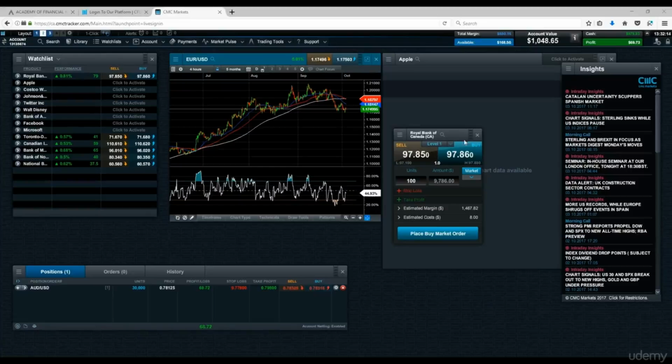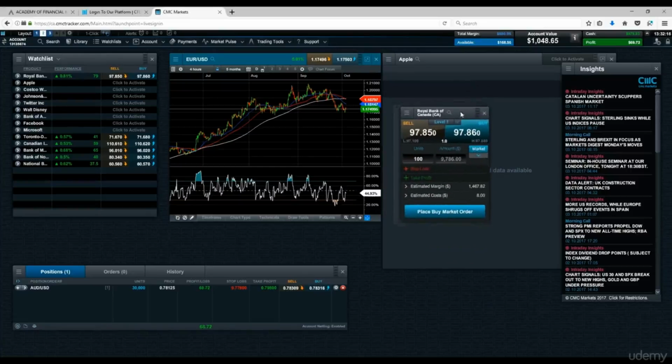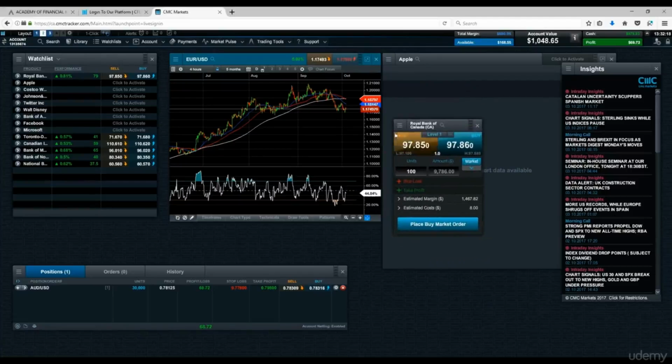So as you guys can see here, this is a Royal Bank of Canada stock with the TSX. So there is actually a small spread here, and it's 1 cent. So if I were to purchase 100 units, there would be the 1 cent spread. So it's not pips in stocks, it's just the cent.